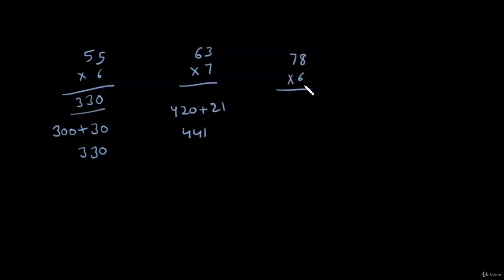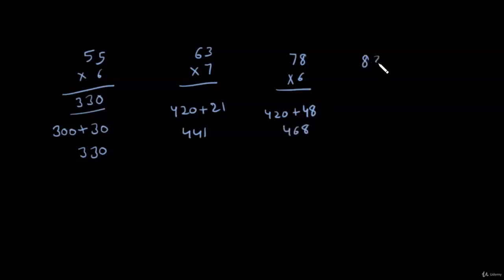Consider 78 times 6. 6 times 7 is 42, but the place value of 7 is 70. So 6 times 70 is 420. This we will keep in brain. And 6 times 8 is 48. 420 plus 48. We can split this 48 into 40 plus 8. So 420 plus 40 is 460, plus 8 is 468.